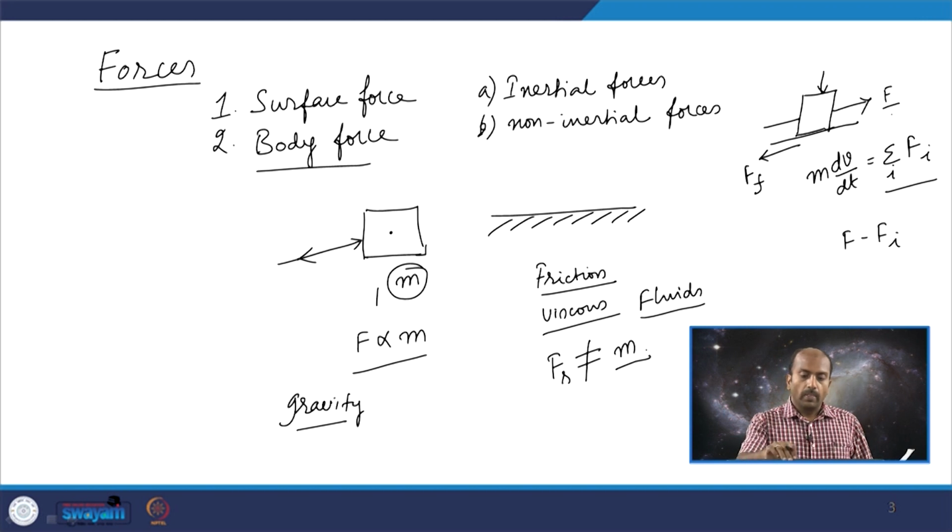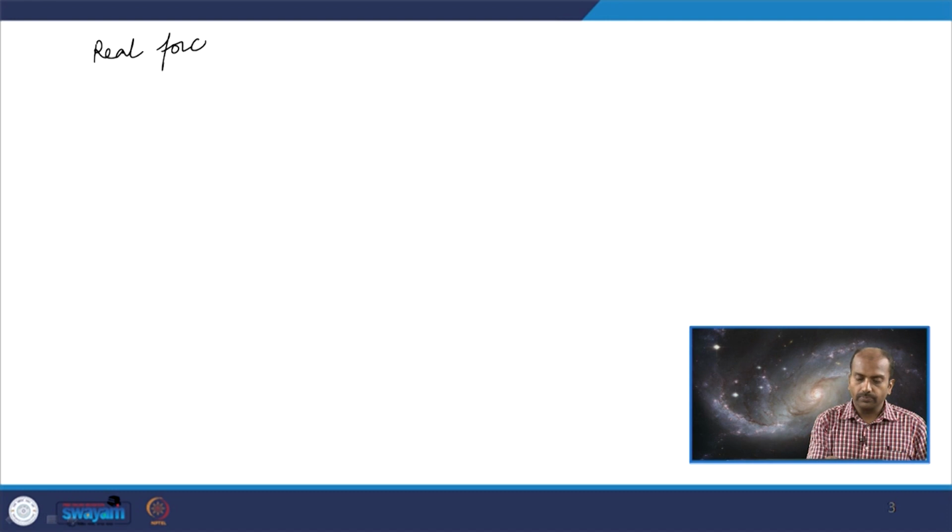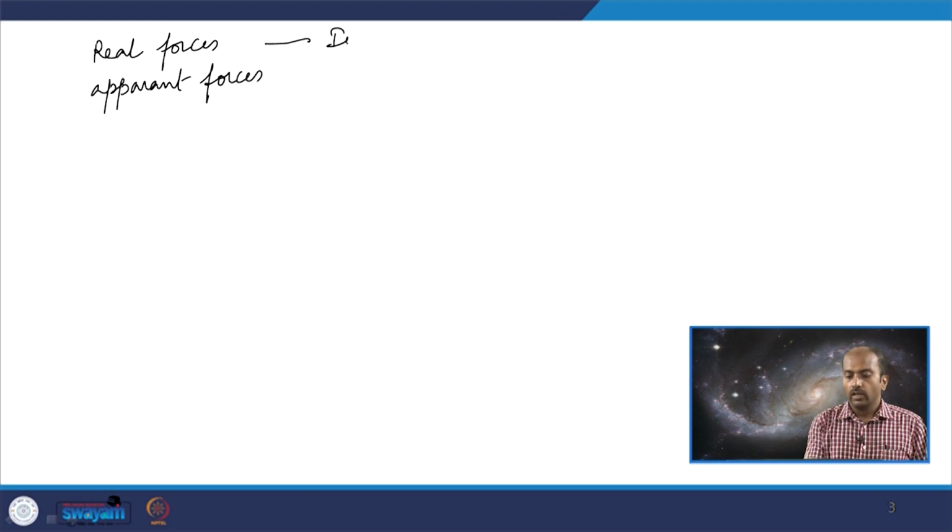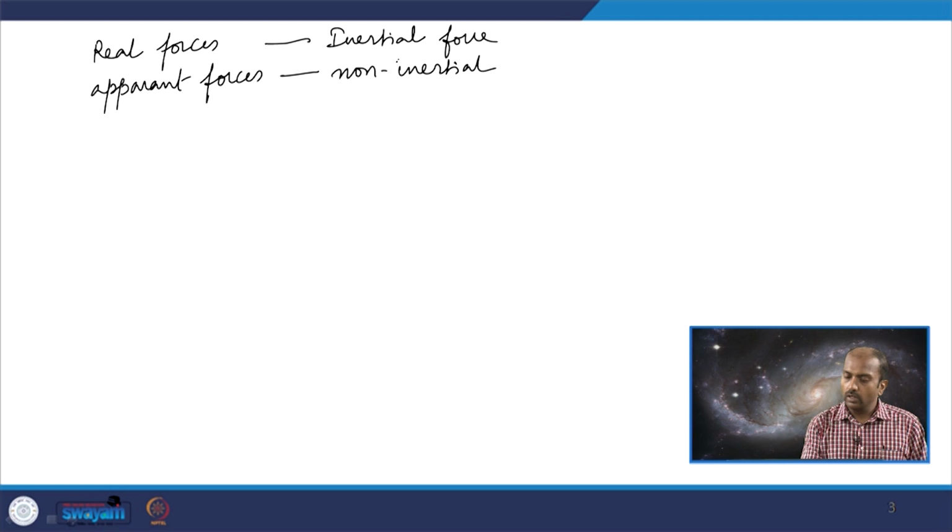Now, in addition to this, the most easy characterization is real forces and apparent forces. Real forces are generally the inertial forces and the apparent forces are generally the non-inertial forces.